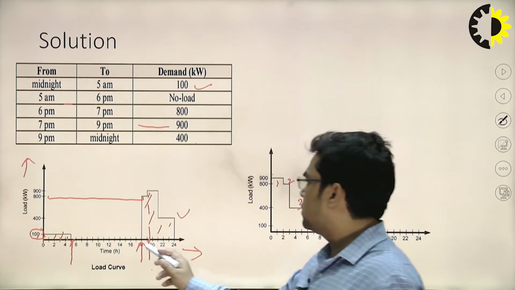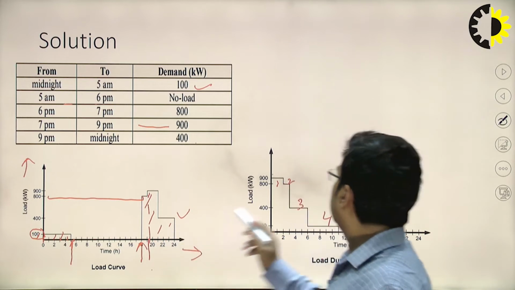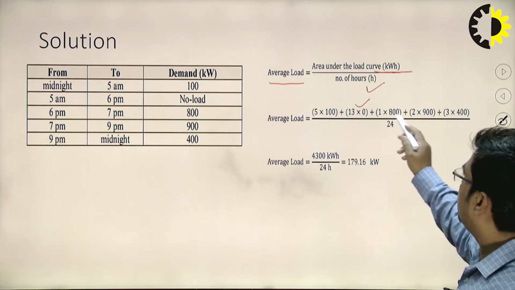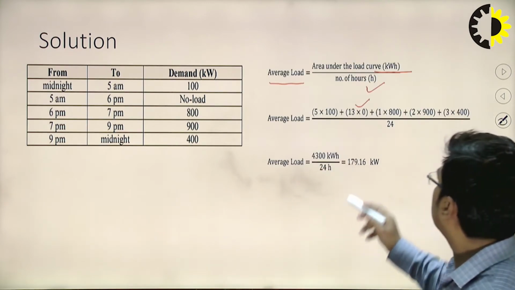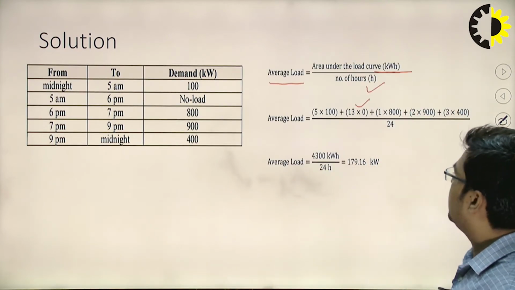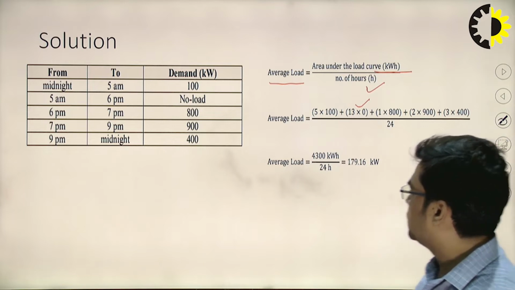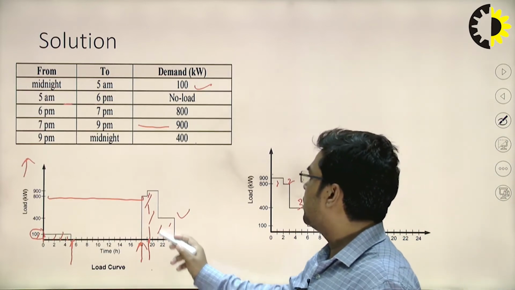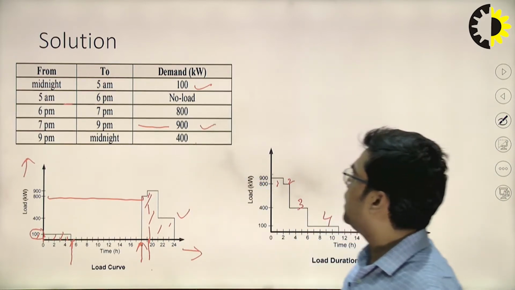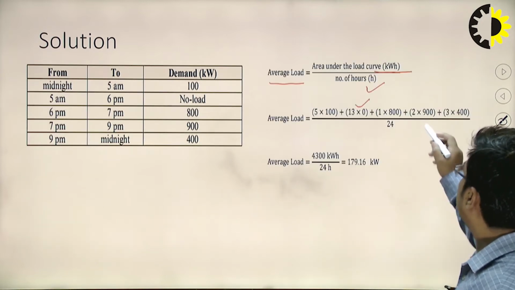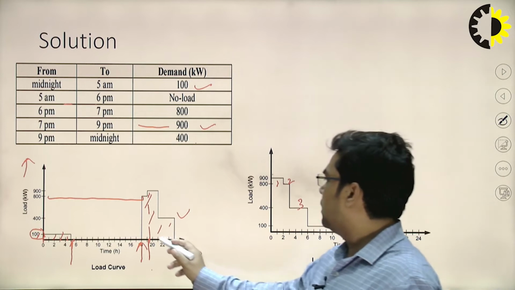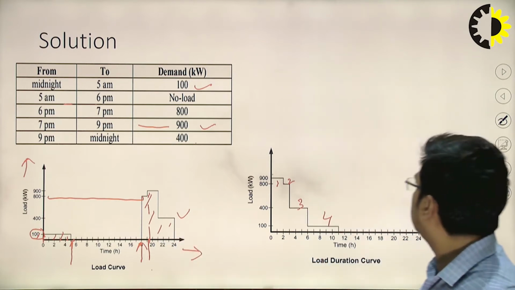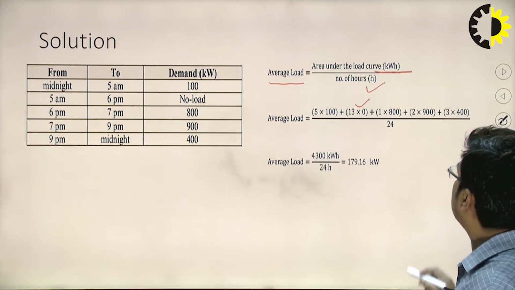There is a duration of 1 hour of 800 kilowatt, so 1 into 800, plus a duration of 2 hours of 900 kilowatt, so 2 into 900, plus the last duration of 3 hours, so 3 into 400.